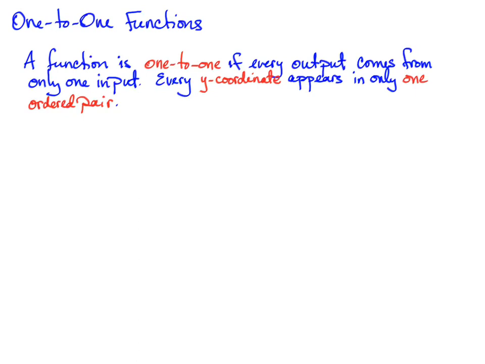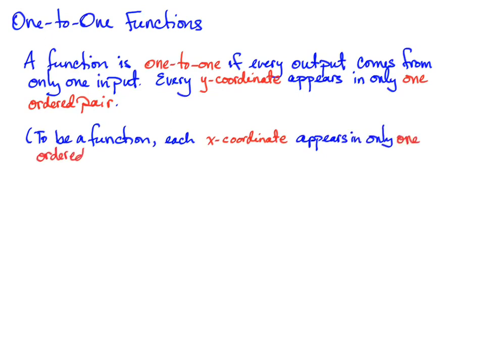Now this definition may look similar to the definition of a function, so let's review what that was. To be a function, each x-coordinate appears in only one ordered pair. So when we were concerned with whether a relation or a set of ordered pairs was a function, we were concerned with whether the x-coordinate appeared more than once in the set of ordered pairs.